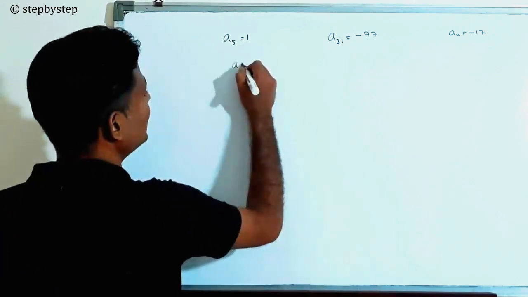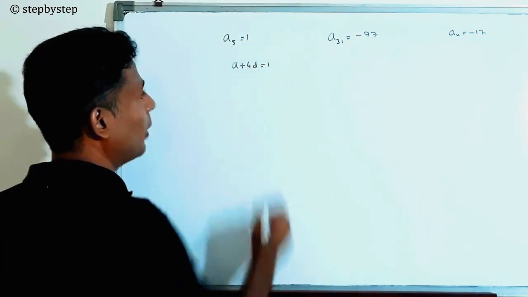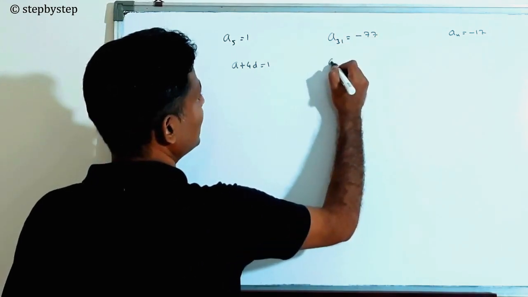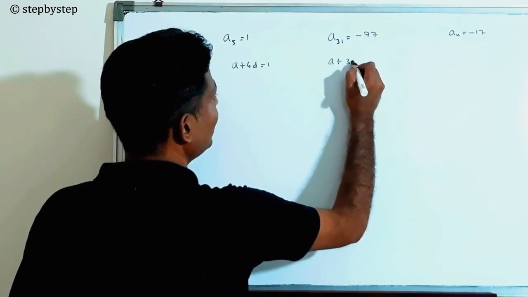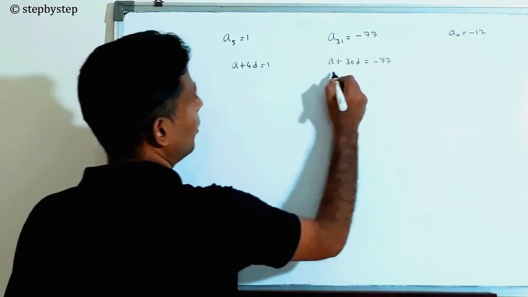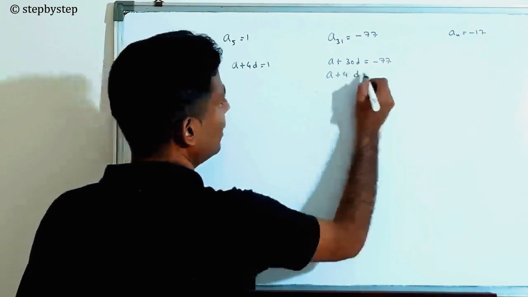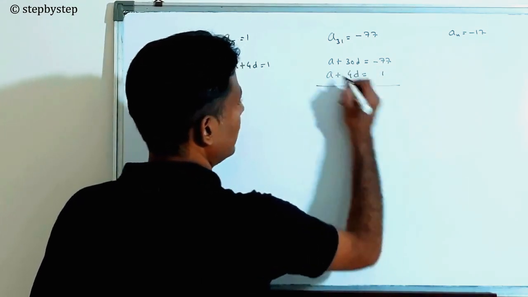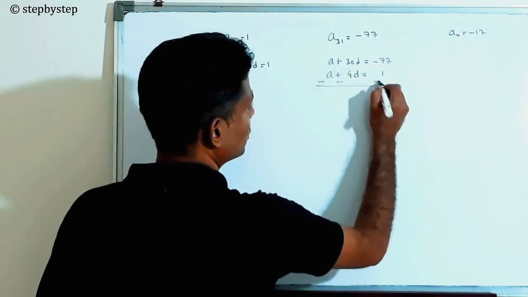A of 5 is 1, means a plus 4d equal to 1. We already have our first equation. A of 31 is minus 77, which means a plus 30d equal to minus 77. Now I'll write a plus 4d over here, a plus 4d equal to 1. A values are same, so I'll cancel. So signs change.